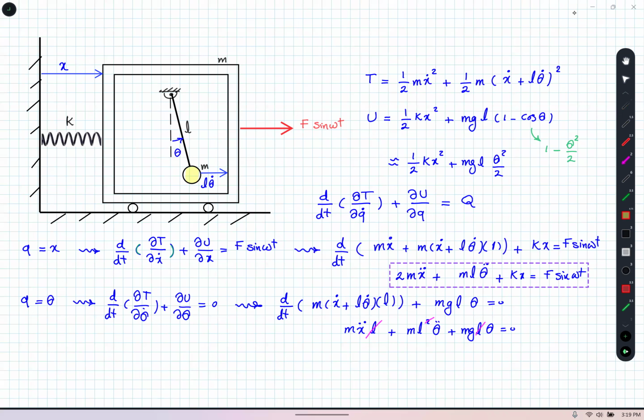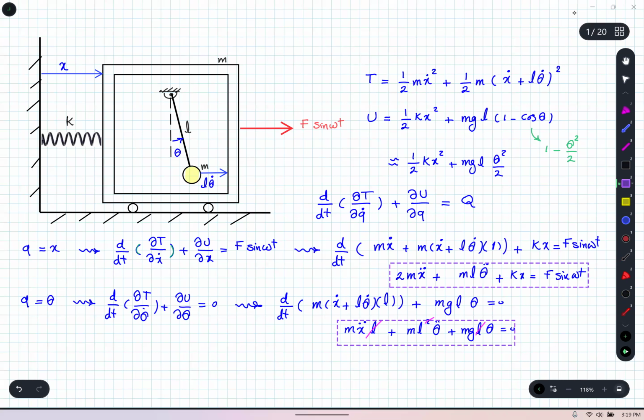Now, typically with 2 degrees of freedom, we are asked to rewrite the equations in a matrix format, and that part should be very easy.